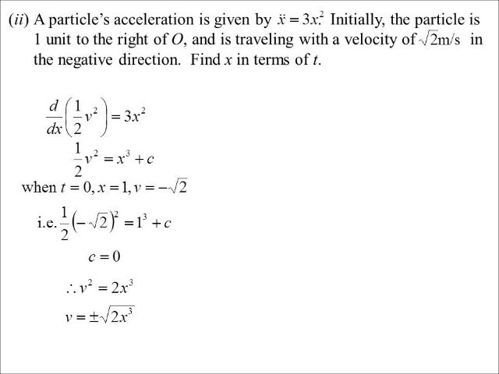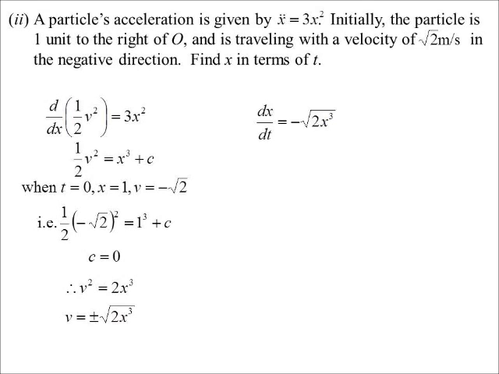Now we're trying to find the expression for x in terms of t. Well, velocity is, of course, dx/dt. So now I can get a relationship between x and t. However, I no longer have both plus or minus, because if I'm now going to relate at a particular time, it can only be one thing. I chose minus. Why did I choose minus?